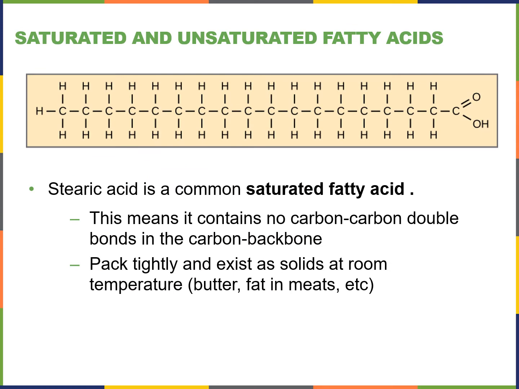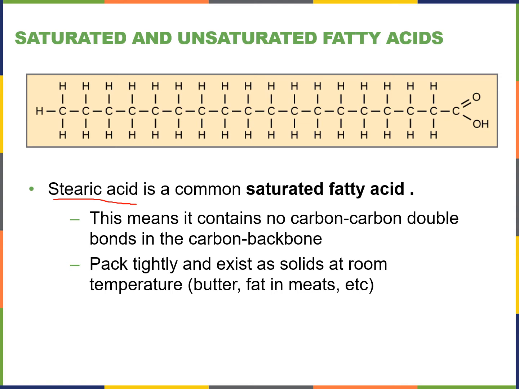Now, saturated versus unsaturated comes back into play here, because whether or not it's straight or may have a kink to it will impact the overall shape of our lipid. Stearic acid, which we're looking at up here, is a saturated fatty acid. That means every carbon has at least 2 hydrogens. The one at the end has 3. There are no carbon-carbon double bonds.